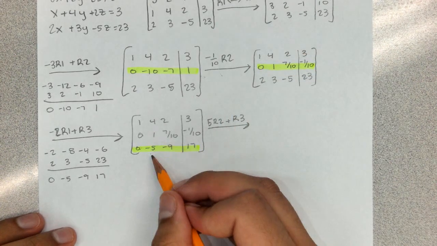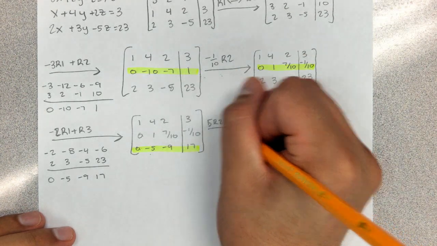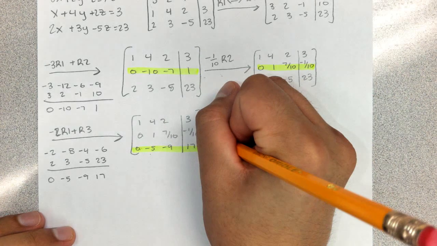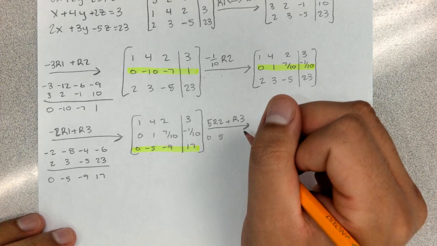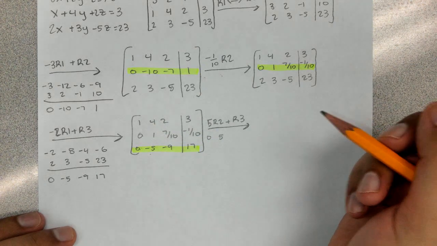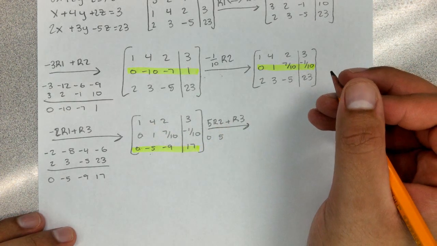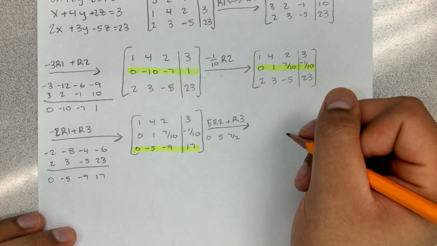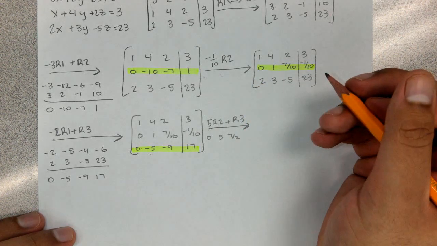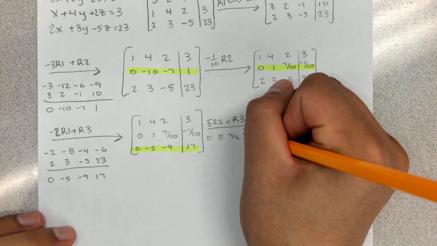So we can get 5 minus 5. Once I multiply the second row by 5, we get 0, 5, and then you can just plug this into your calculator. 5 times 7 over 10 is going to reduce to 7 over 2, and then 5 times negative 1 over 10 is negative a half.